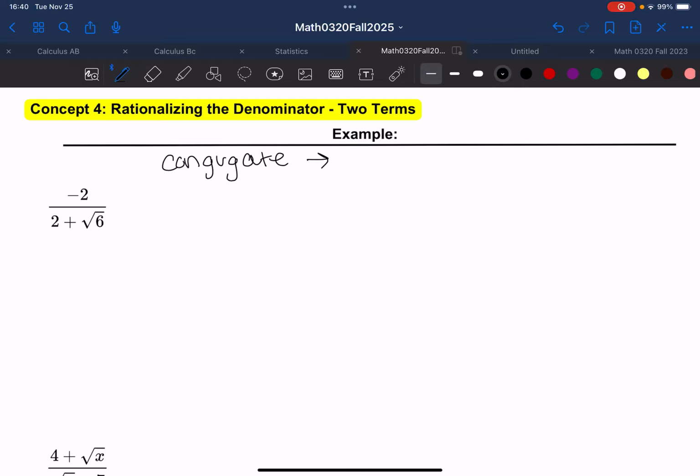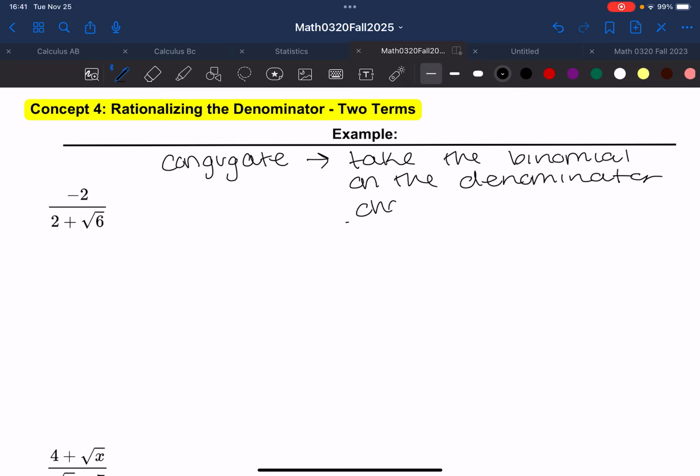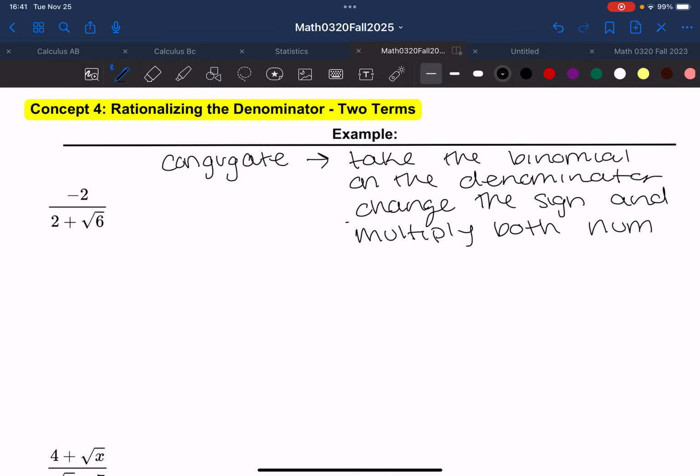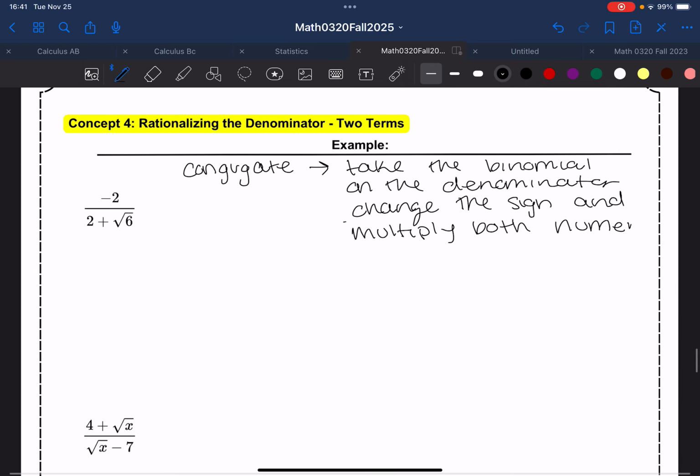And a conjugate means we are going to take the binomial on the denominator, change the sign, and multiply both numerator and denominator with the new binomial.